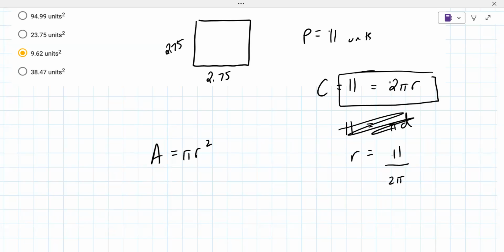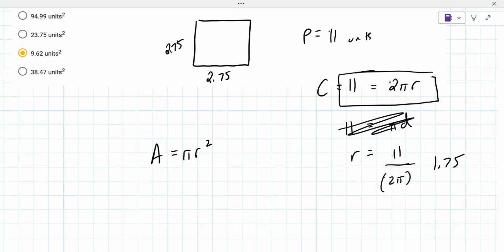Let me redo that. So 11 equals 2 pi r. All right, now I got like 1.75 for r.